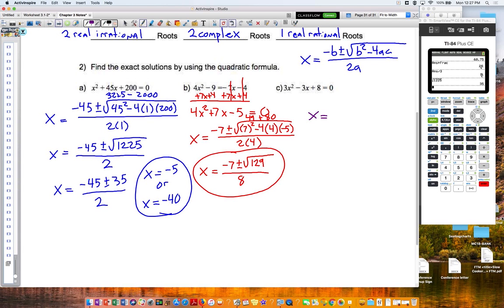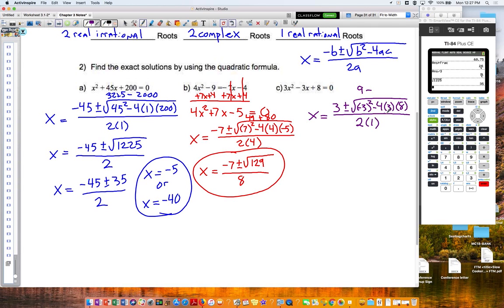X equals positive 3 plus or minus the square root, negative 3 squared minus 4 times 3 times 8 all over 2 times 1. So as I plug this in, I get 9 minus, that's what, 96, I believe?